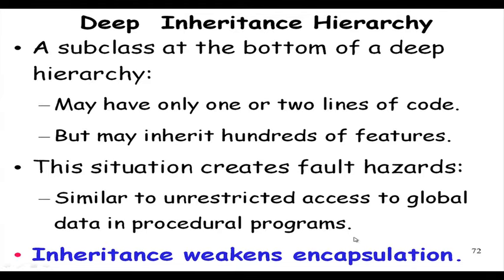It is something like a procedural program where we have global variables and all methods are interacting through them. So, in case of a deep hierarchy, the encapsulation is weakened.